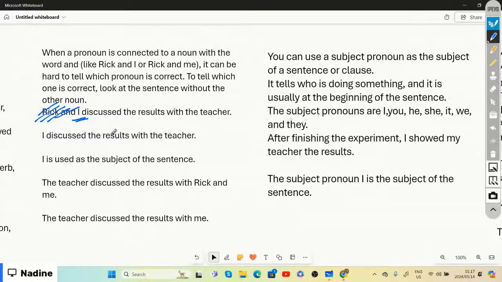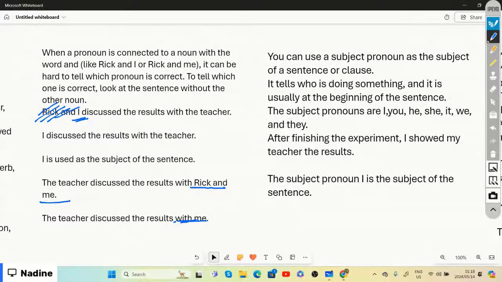And if we look at the next sentence, it says the teacher discussed the results with Rick and me, right? Then it means that the teacher discussed the results with me. So it is kind of turned around.